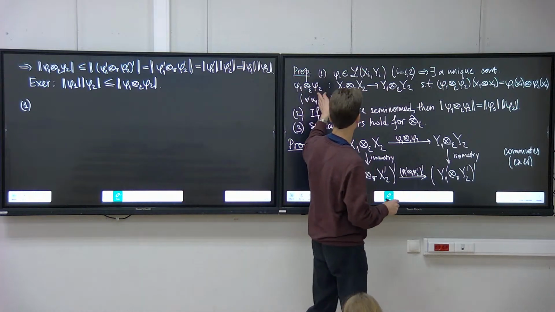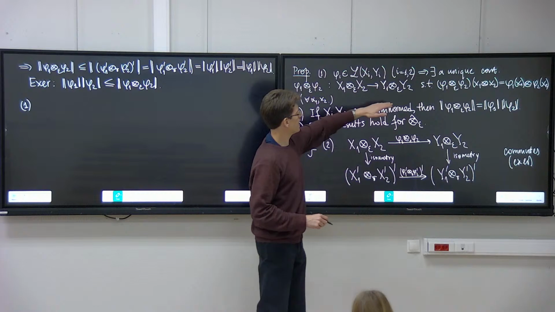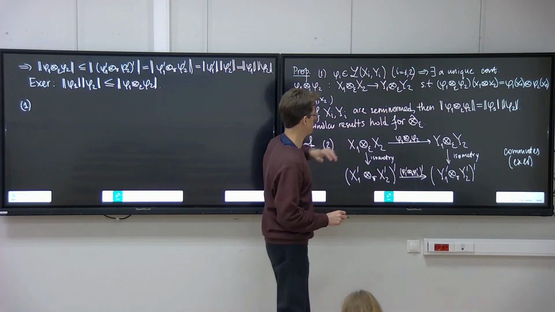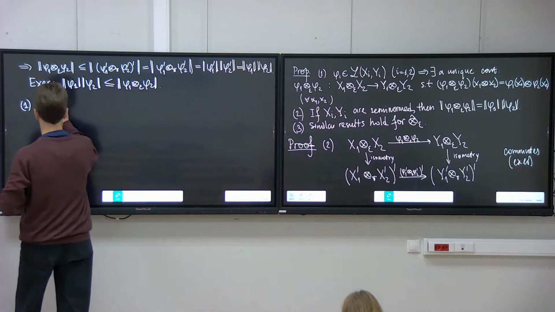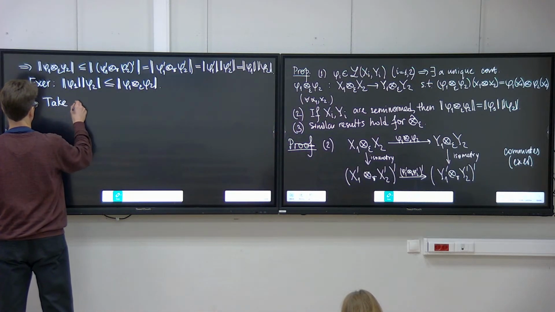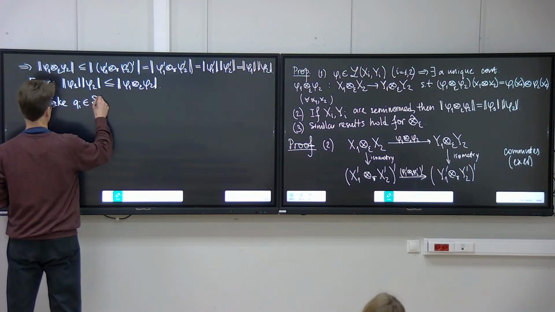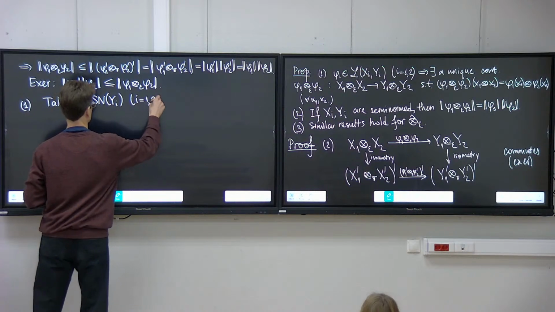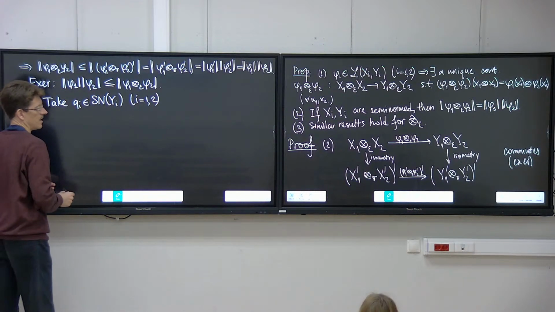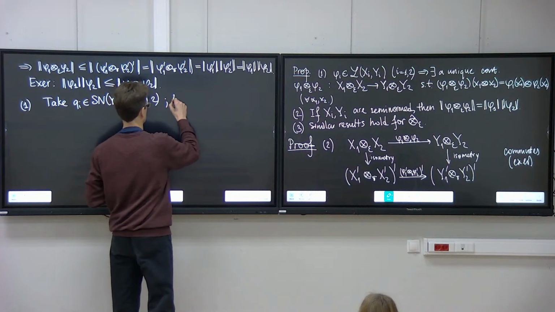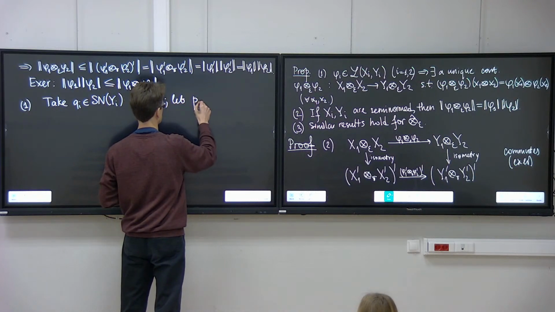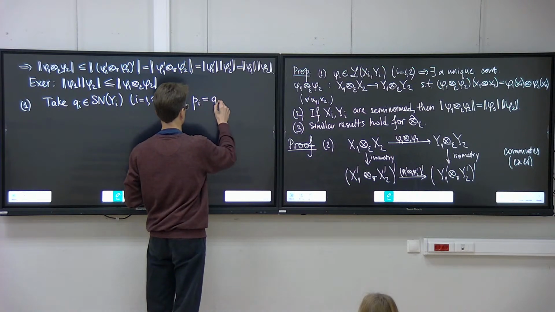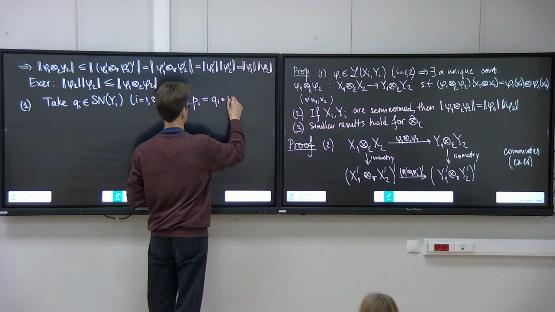So we want to show that this map is continuous. We take two continuous seminorms on y1 and y2 respectively. So take qi, a continuous seminorm on yi, where i is 1 or 2, and define a seminorm pi on xi in the following simple way: qi composed with phi i.